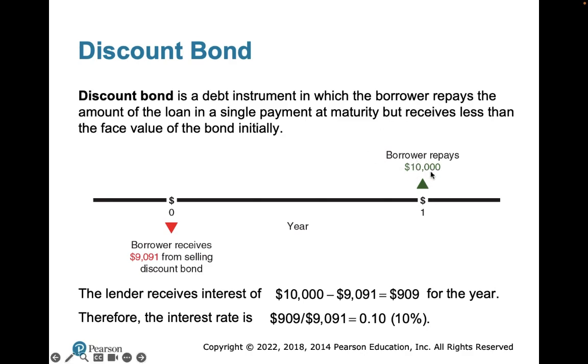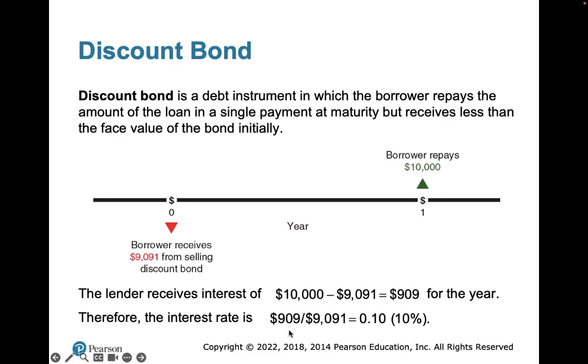This is called a discount bond, and the accrued interest for the year is $909. To get the interest, you take the 10,000 you'll be repaying minus the 9,000, which gives you $909.